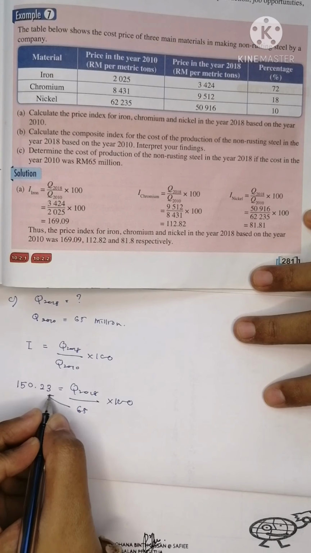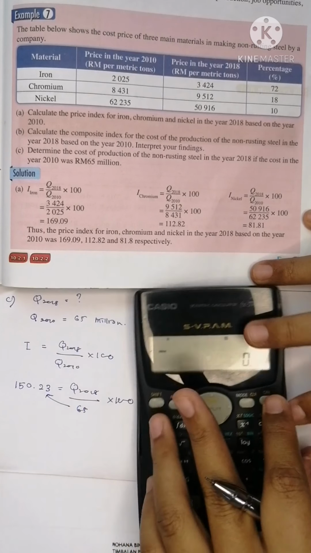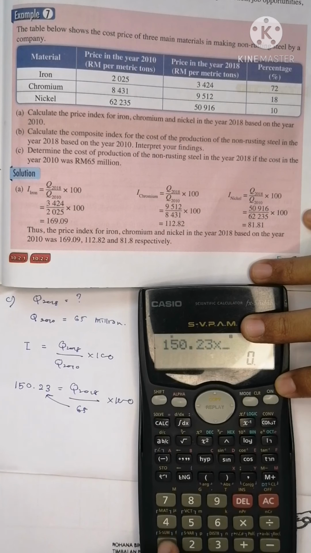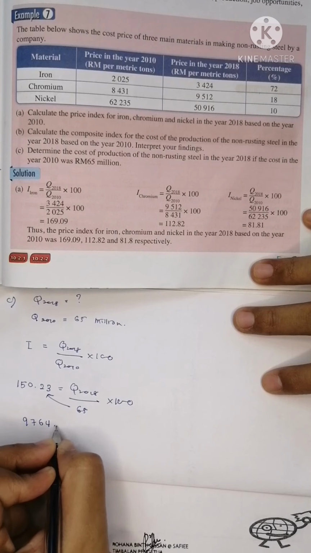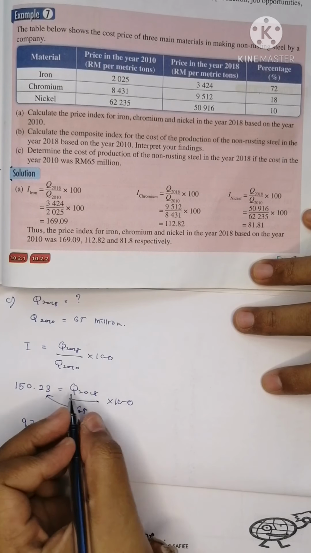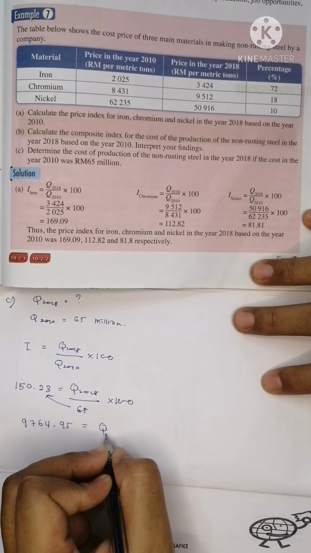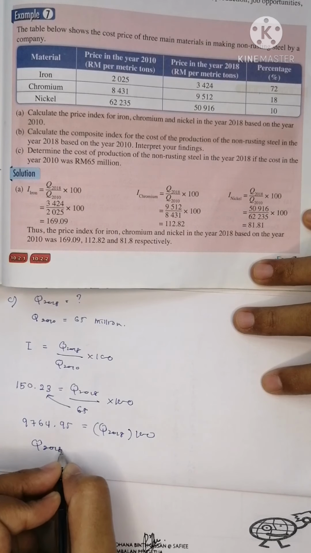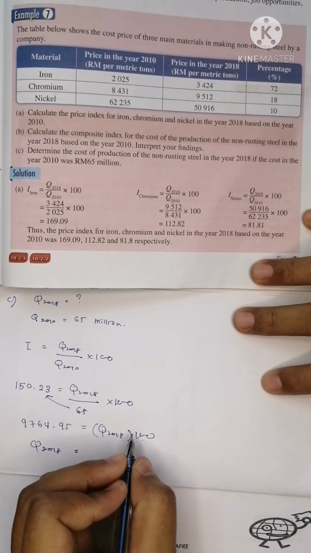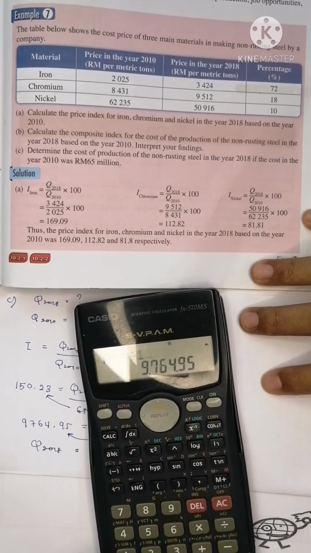Okay, now this one multiply for this one, and then we will get the answer: 150.23 multiplied with 65. So the answer is 9764.95 equal to Q 2018 multiplied with 100. So Q 2018 equal to this one, bring it to the left, divide by 100.